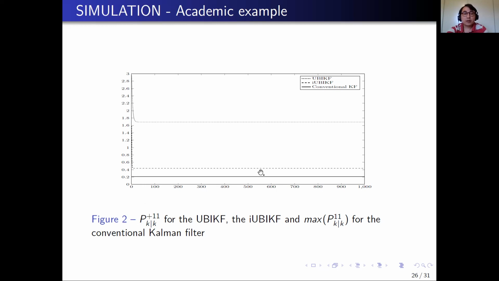The upper bound provided by IUBIKF on the one hand is less conservative than the one provided by UBIKF, and on the other hand is close to the maximum value provided by the standard Kalman filter. And the same result for the two other elements P22 and P33.